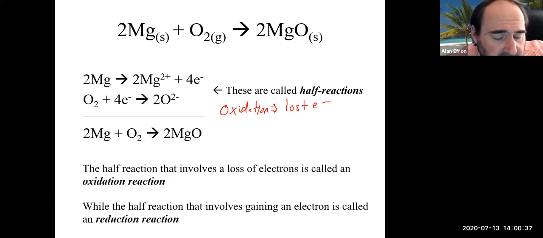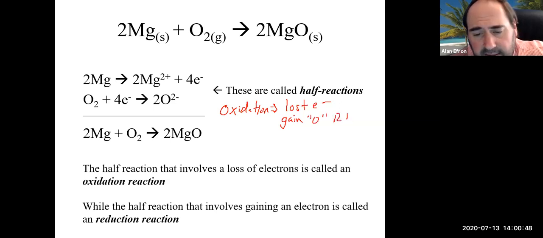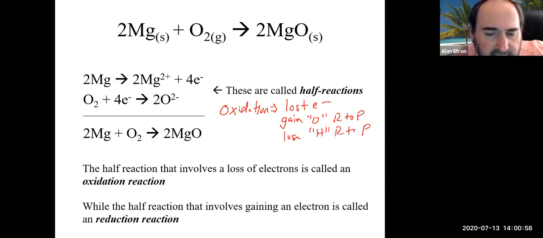When you get into something like organic chemistry, oftentimes it's a little bit hard to follow those electrons being lost and gained because you deal with a lot of nonmetals. So the gaining of oxygen as you go from reactants to products is another definition of oxidation, and the loss of hydrogen, or H2 really, as you go from reactants to products, is a third definition of oxidation.